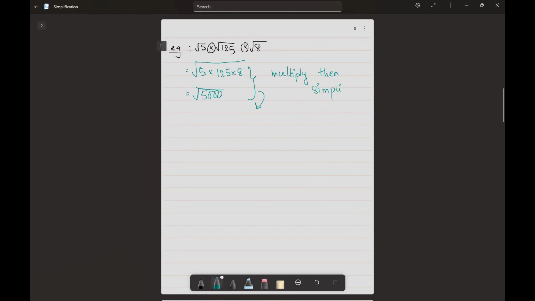This one becomes a lengthy step because this 5,000 is a difficult task for us to deal with. What we are going to follow instead is we will simplify the roots first. Simplify first, then go for multiplication.